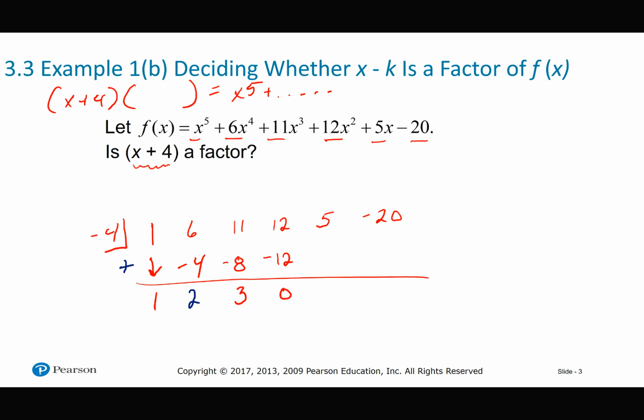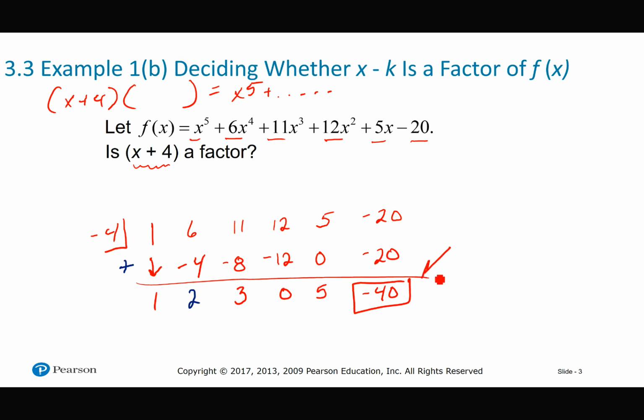It's going to be a placeholder. 0 times negative 4 is 0. Add these together, end up with 5. 5 times a negative 4 is a negative 20. Add these together, I get negative 40.